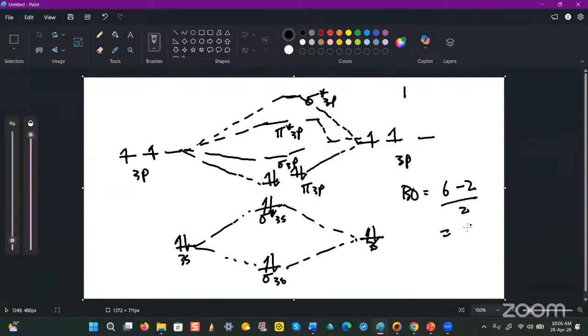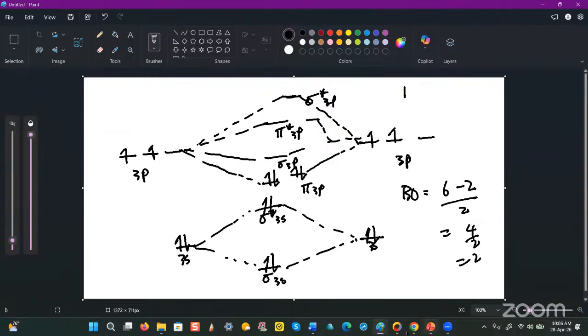So 6 minus 2 gives you 4 over 2, which is equal to 2. Therefore, the bond order is 2, which means that in the case of the Si2 molecule, it's a double bond. All right, so that answers that.